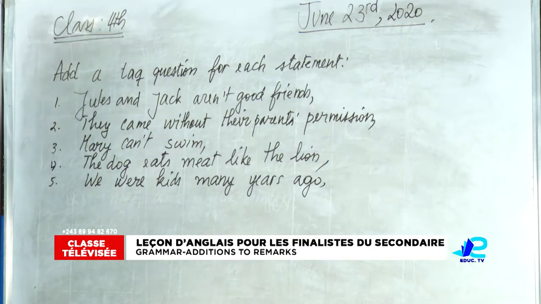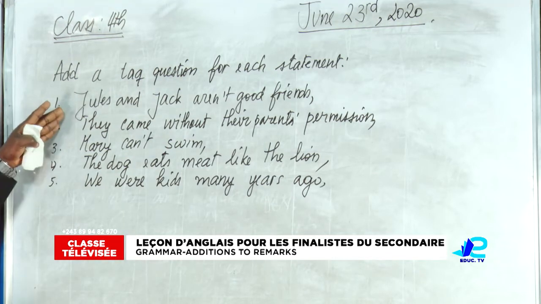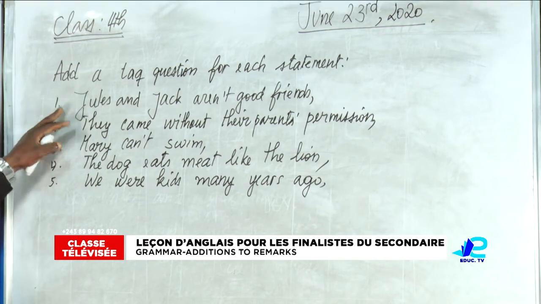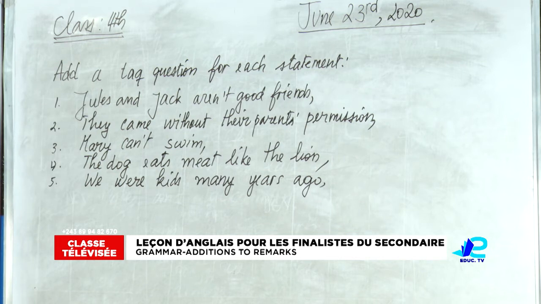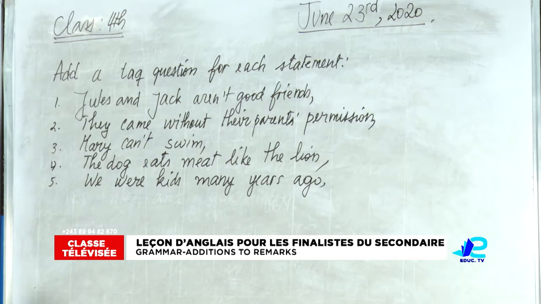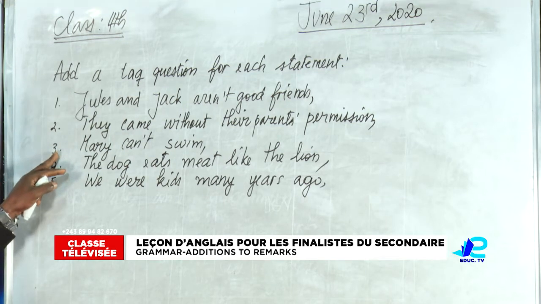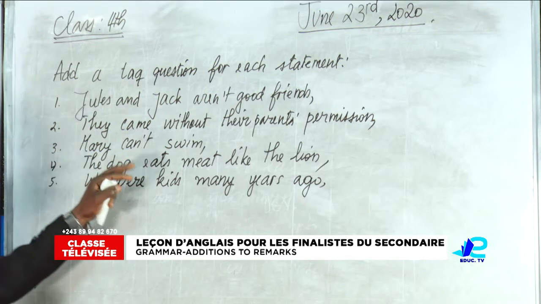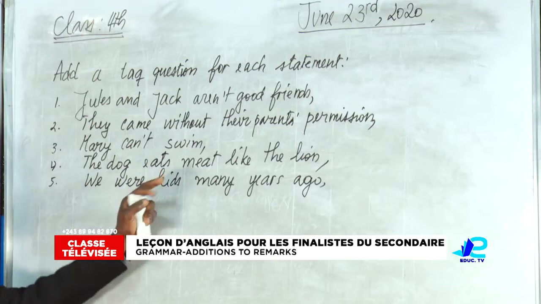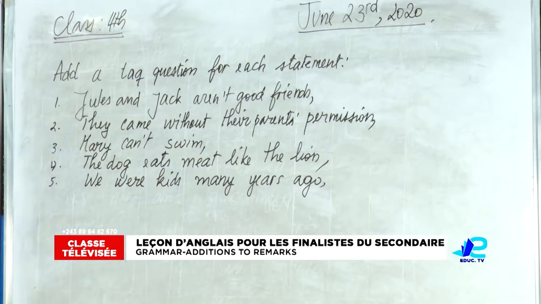All right, we have five statements or five sentences on the board. The first is: Jules and Jack aren't good friends. The second is: they came without their parents' permission. The third is: Mary can't swim. The fourth: the dog eats meat like the lion.